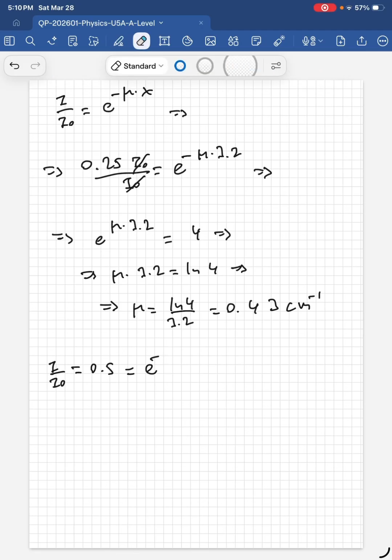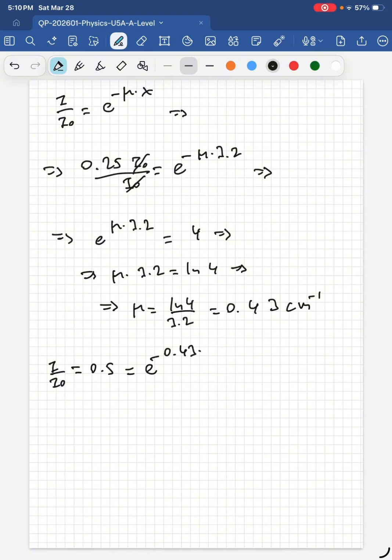Mu is calculated, so we can plug it in. So e to the minus 0.43 times x prime, that's the thickness we are looking to find. So x prime is ln of 2 over 0.43 or 1.6 centimeters, okay?